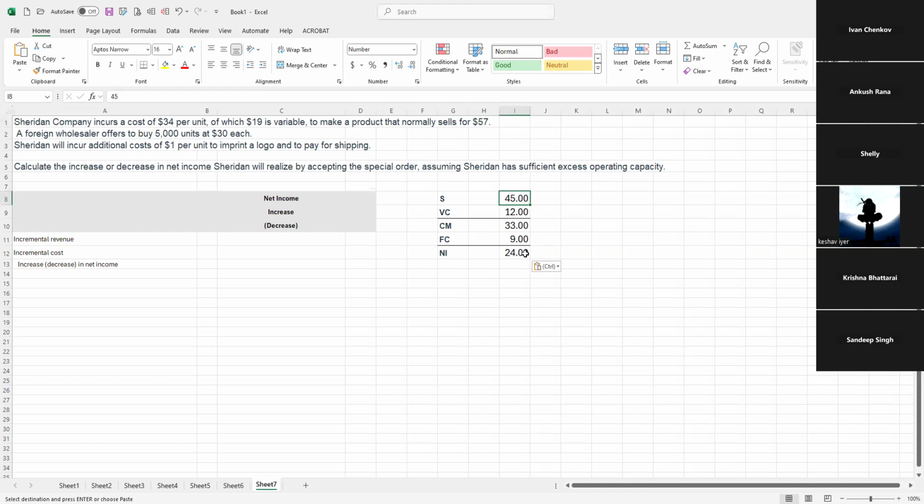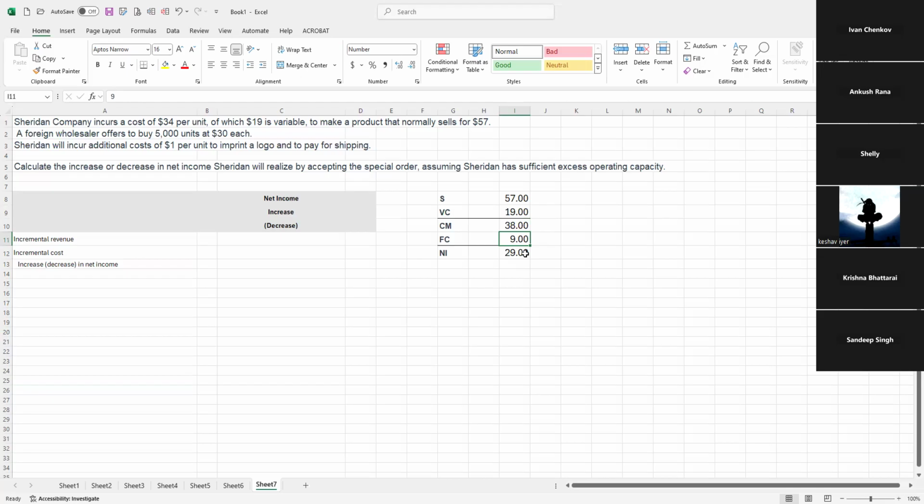57. What's our variable cost? 19. What is my contribution margin? 38. How much is my fixed cost per unit? 34 is the total cost per unit.